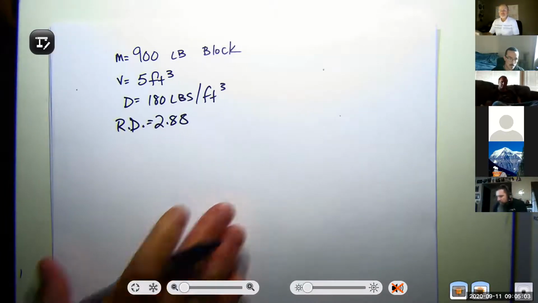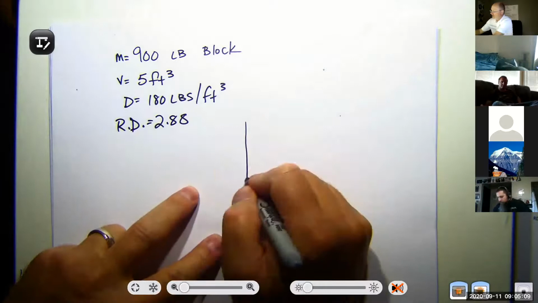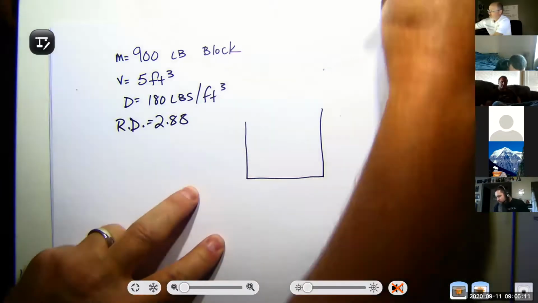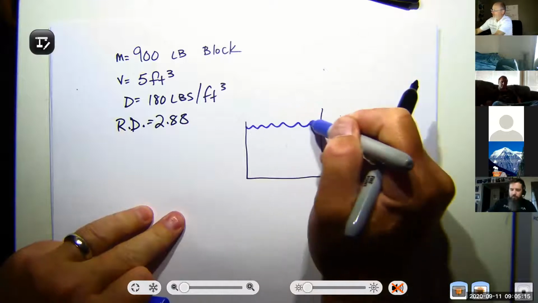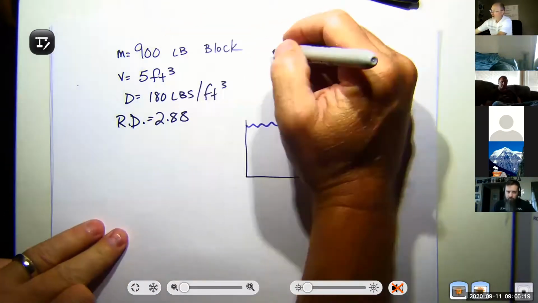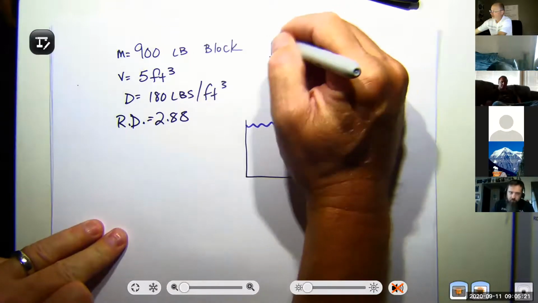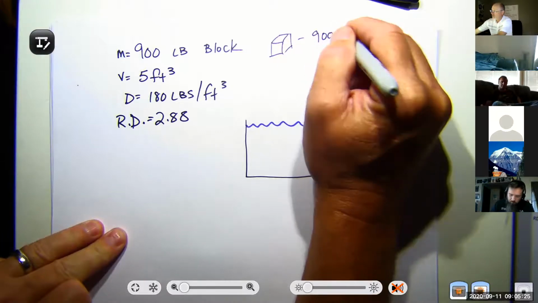Now, when you immerse an object in water, okay, when you put that object in water, so this block, I'm going to draw a picture of a block. This weighs 900 pounds.